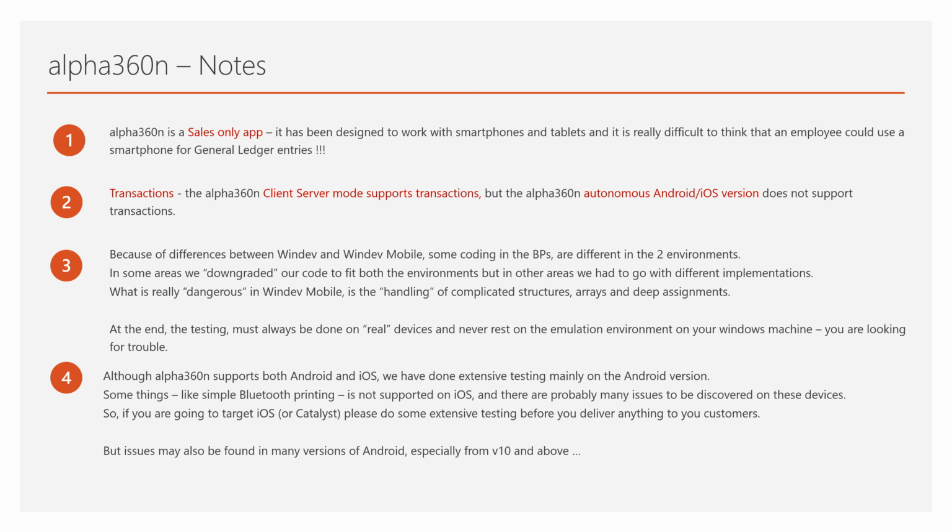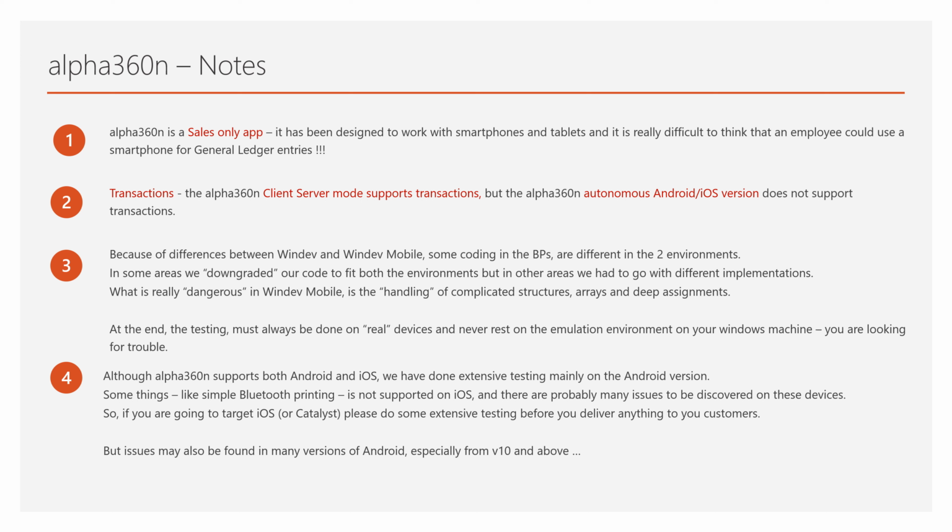And four, although alpha360n supports both Android and iOS, we have done extensive testing mainly on the Android version. Some things, like simple Bluetooth printing, are not supported on iOS, and there are probably many issues to be discovered on these iOS devices.